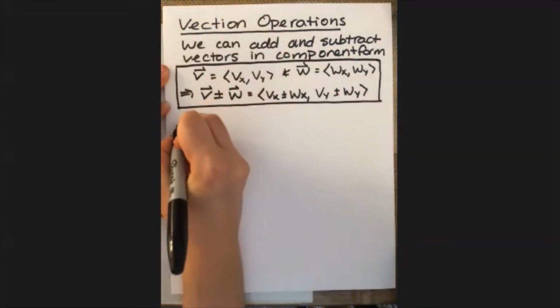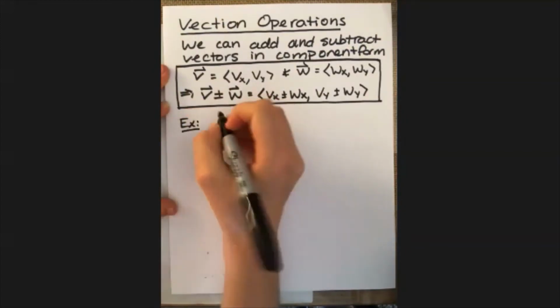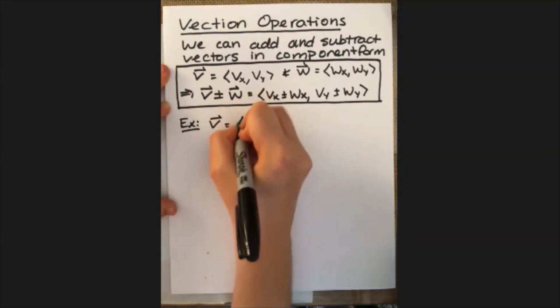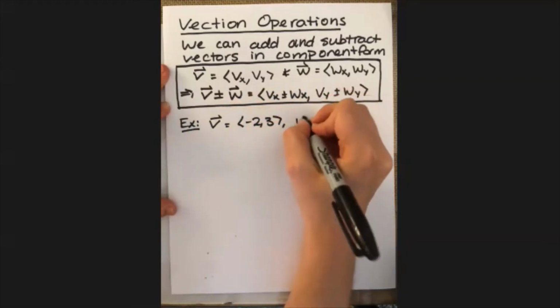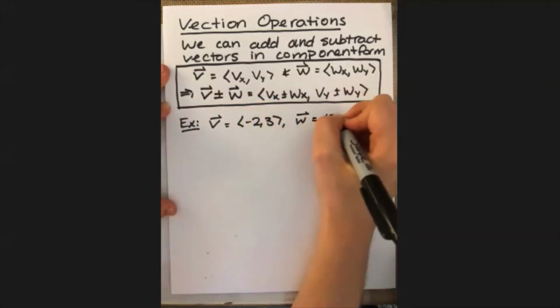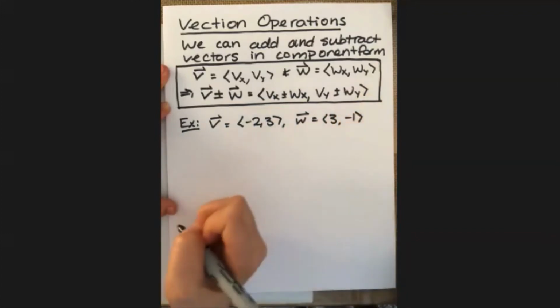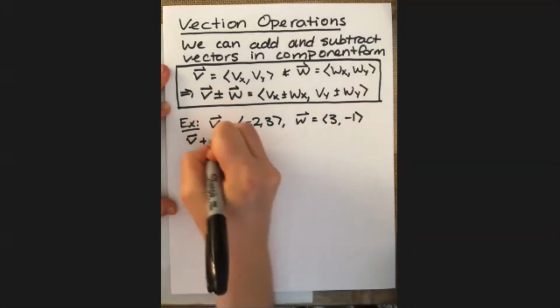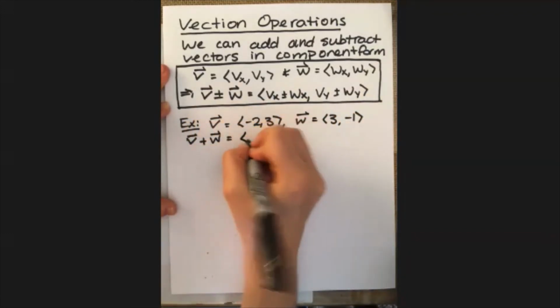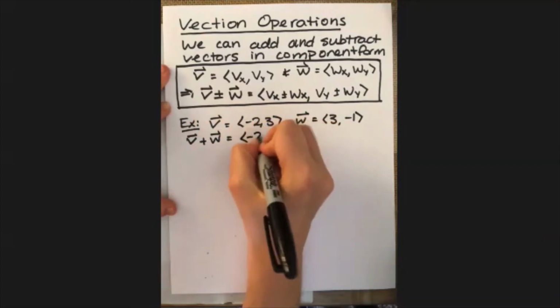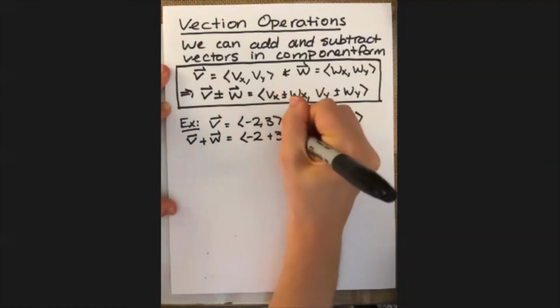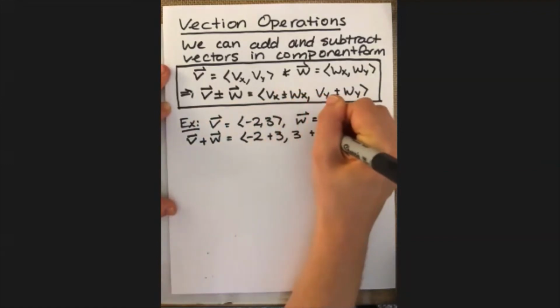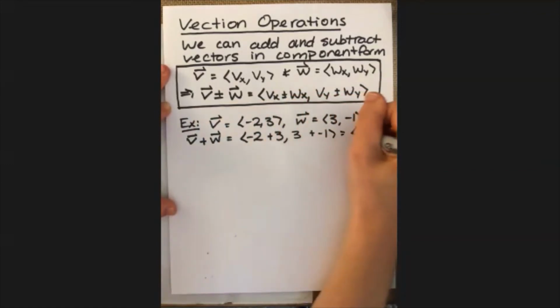Just to give you an example, we can let v be equal to <-2, 3> and w be equal to <3, -1>. So v plus w, we just look at its components. We're going to have -2 plus the 3 from w, and then for the y component, 3 plus that -1, which is just equal to <1, 2>.